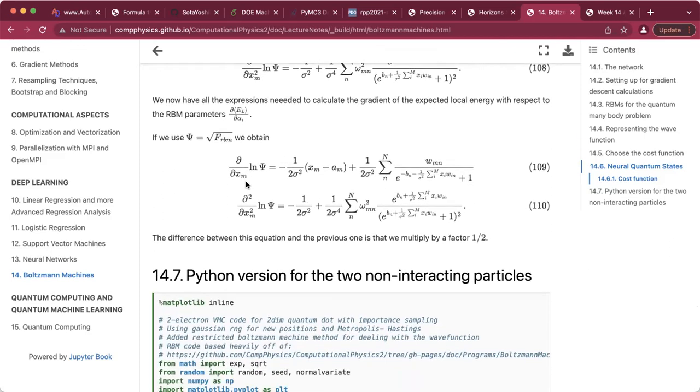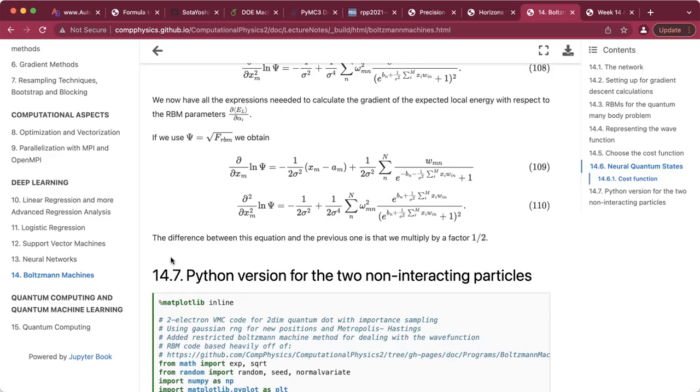Now, the Python version for the two non-interacting particles is given at the end of this chapter. I just wanted to step you through the basic elements because they can serve as guidance for what you want to do in project number 2.